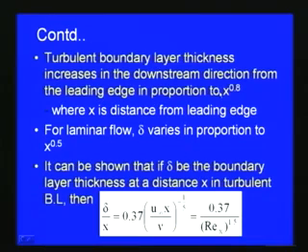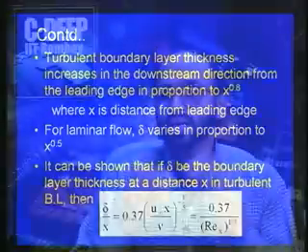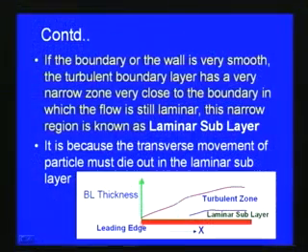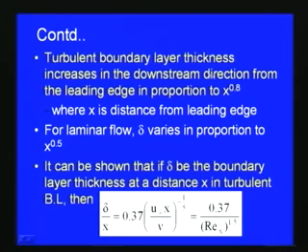As far as the turbulent boundary layer is concerned, experiment shows, especially for flow over a flat plate, that the boundary layer thickness increases in the downstream direction from the leading edge in proportion to x to the power 0.8, where x is the distance from the leading edge.